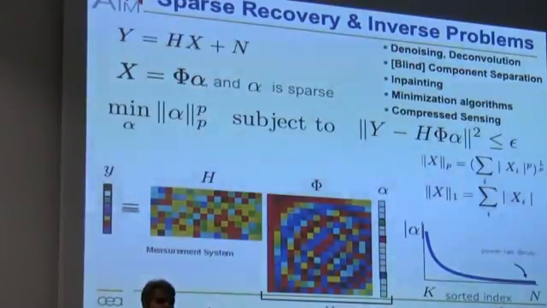Another important point of sparse recovery is that there is a lot of theory behind it. For instance, if alpha is sparse enough and H is random, then we arrive in the compressed sensing framework. And we know that solving this equation is not only a good way to regularize the solution, but it goes exactly to the right solution. There are many theoretical papers which show that for a given class of operators and a given class of signals, solving these equations leads exactly to the solution.